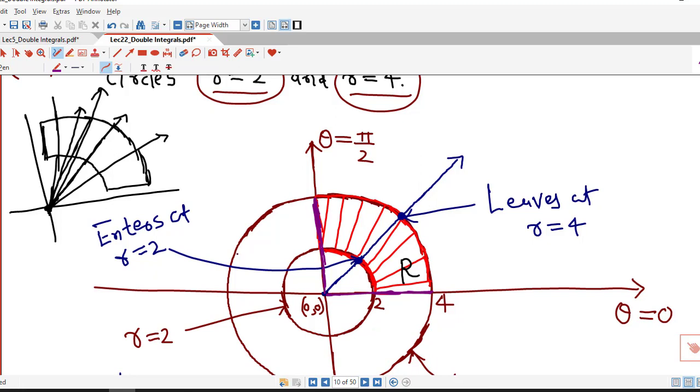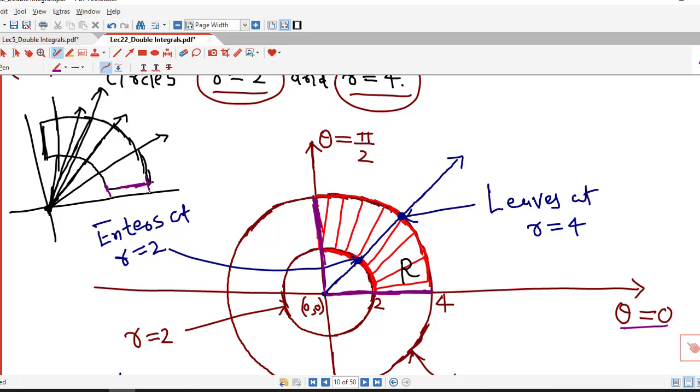So to determine the limits of theta, we find the smallest and largest values of theta that bound the region R. Here the smallest value of theta possible is 0 and the largest is pi by 2, and they bound the region R. So we are starting from this point.